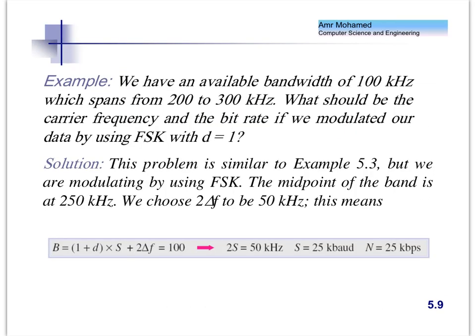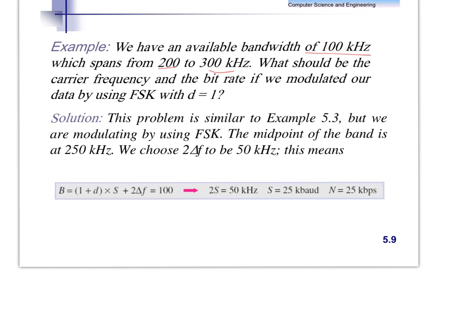An example. So we have an available bandwidth of 100 kilohertz, which spans from 200 to 300. So this can be again drawn from 200 to 300 kilohertz. So the middle frequency is 250. What should be the carrier frequency? 250.